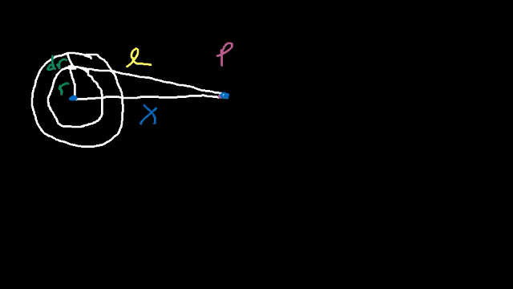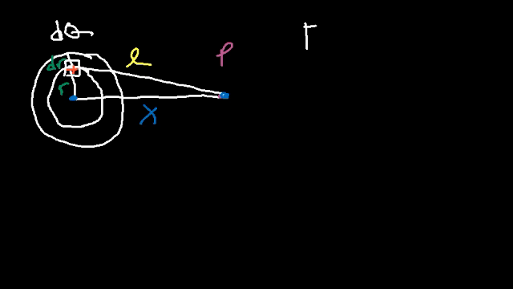Now let's say we have a small amount of positive charge in this region. That small positive charge will have a charge of dq, and you could treat it like a point charge.